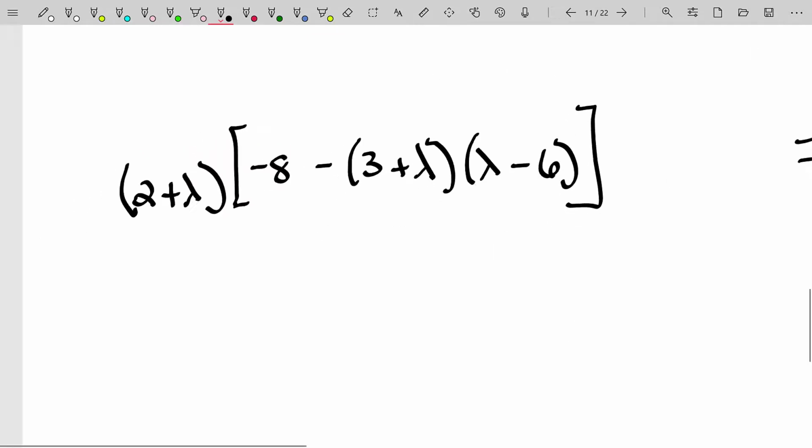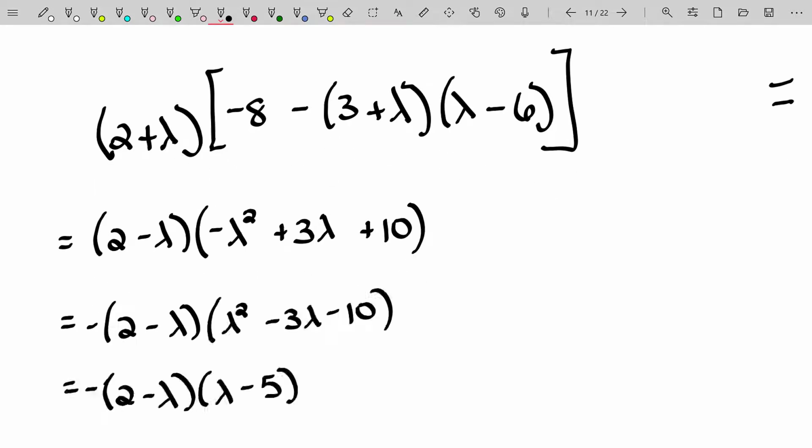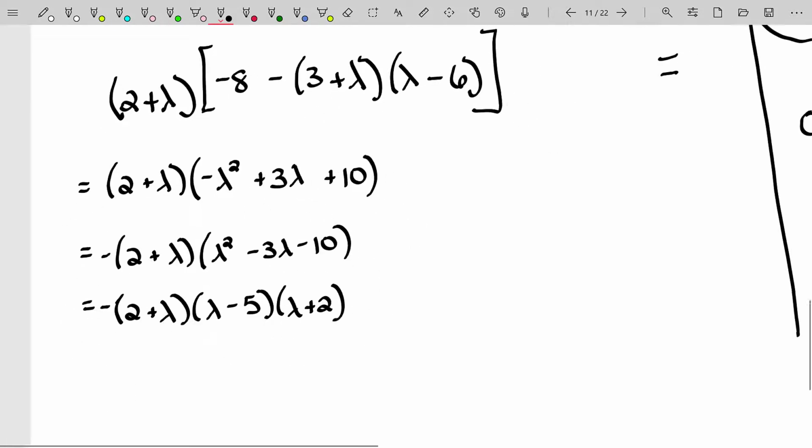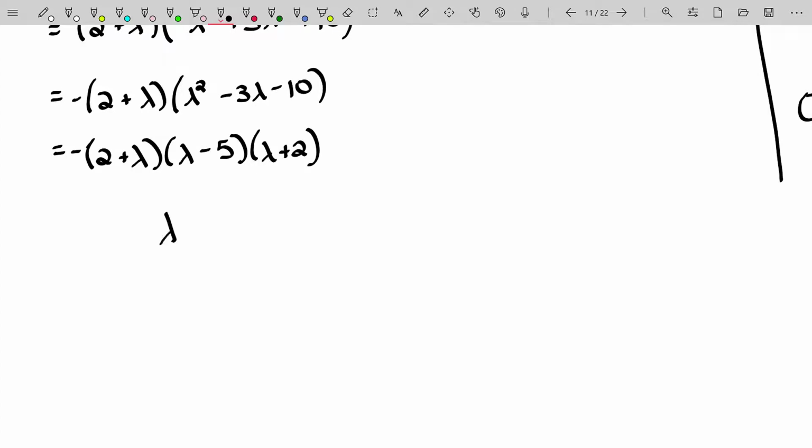And if you simplify this down, you will get actually what we had in the previous video. And I almost forgot that plus sign right there. That was very critical. So when you get down to this, you find out that your eigenvalues are lambda equals -2, multiplicity 2, and lambda equals 5.